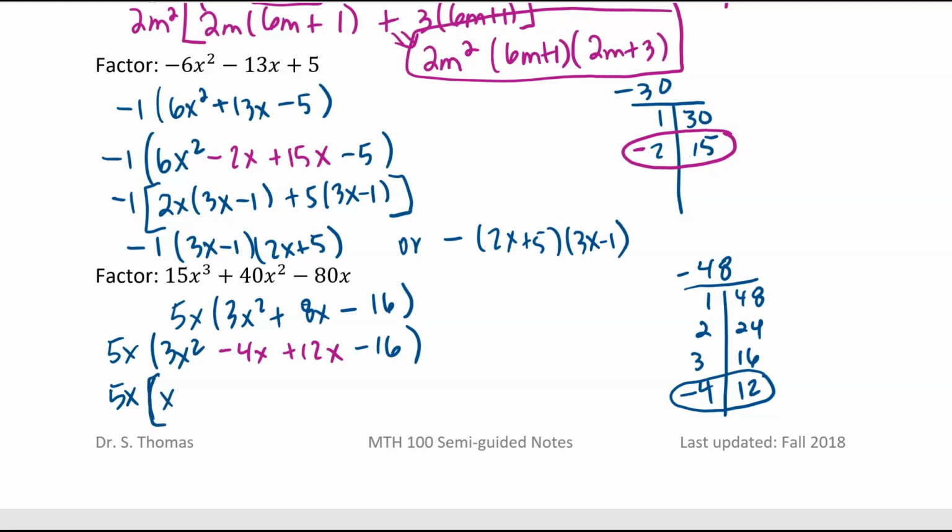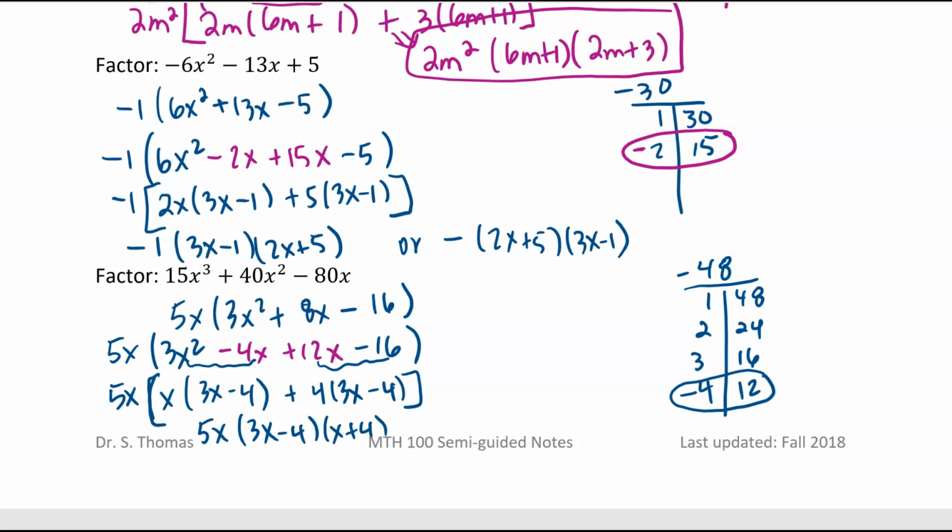So you take out an x, for example, out of the first group, and you have 3x minus 4. And in the second group, it looks like 4 is in common. You get another 3x minus 4, so it works out. So the final answer is 5x times 3x minus 4 times x plus 4. So this concludes this lesson on factoring trinomials when the leading coefficient is not 1.